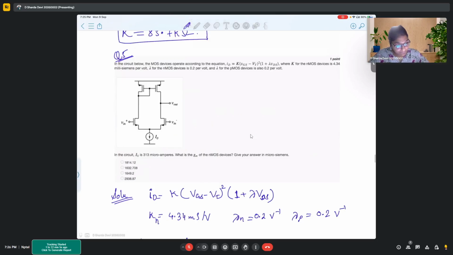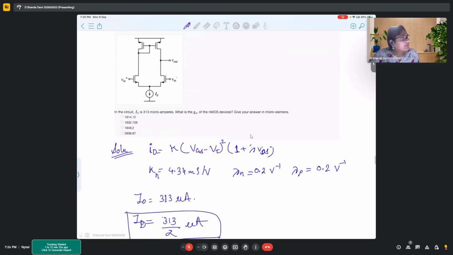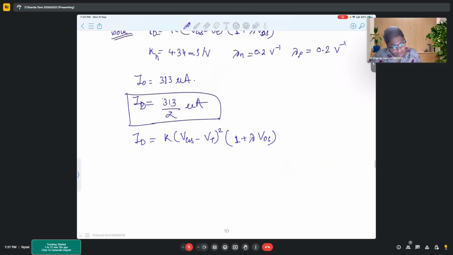Here VT is not given in this problem. So we know that gm is 2 root under K into ID, right? We used this in the last question as well. So from there, we'll simply find the gm directly.